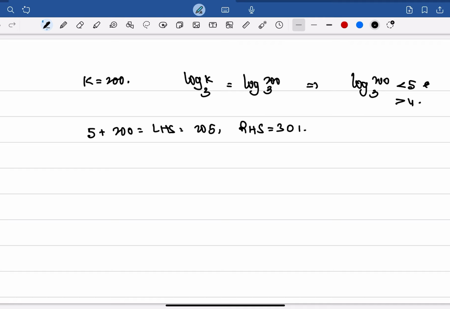So there is still a difference of some 100. Now k is equal to 300. Let us try. Log 300 to the base 3 is equal to, 3 to the power of 5 is 243.